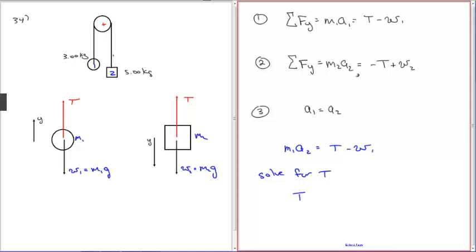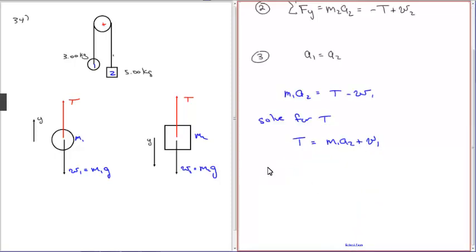So we're actually going to solve the three equations for a, and then we'll use that acceleration to calculate T. So when it says solve for T, we take this equation, which was this one with this substitution. Solving for T, you get m1 a2 plus w1. So we just move that to the other side, becomes positive.